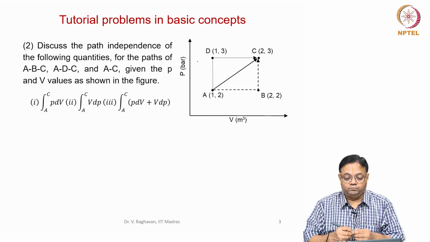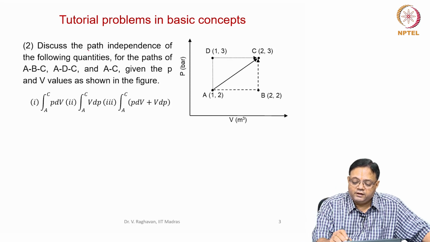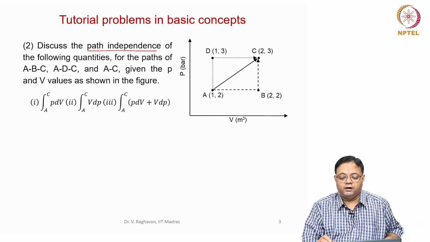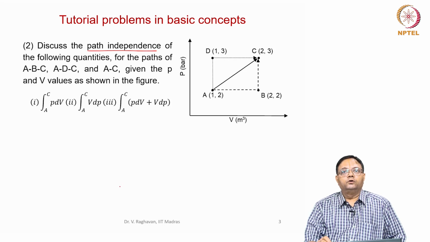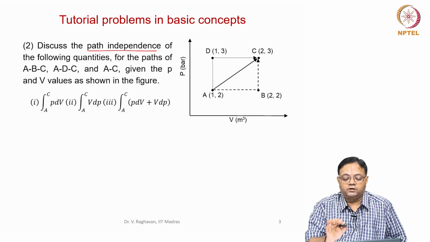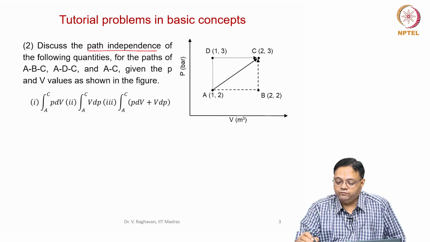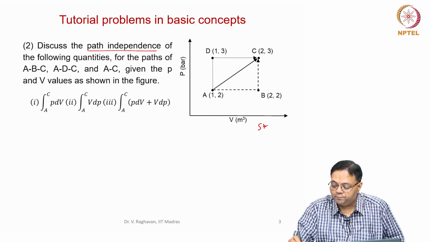Now, the second problem: discuss the path independence. So, you know that properties are path independent. See, this is basically a state diagram.